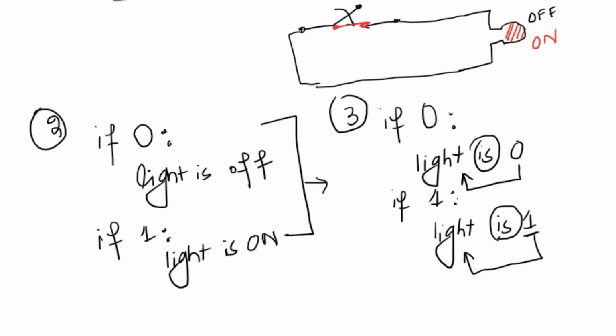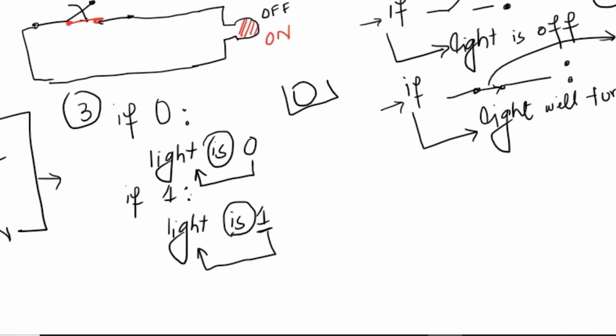Okay, so what are we going to do here now? This can also be replaced with the assignment operator, which we have previously seen, because what is going on is that we are going to put 1 or 0 into the light with respect to the condition of a switch.